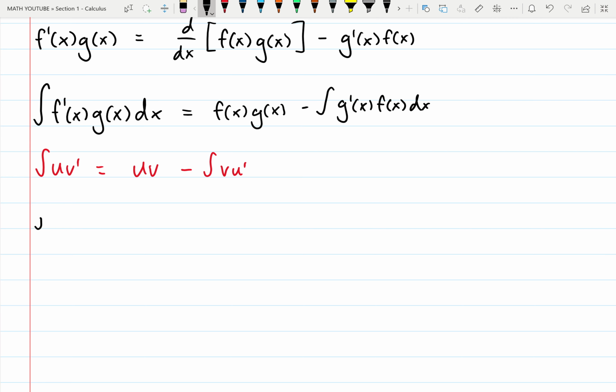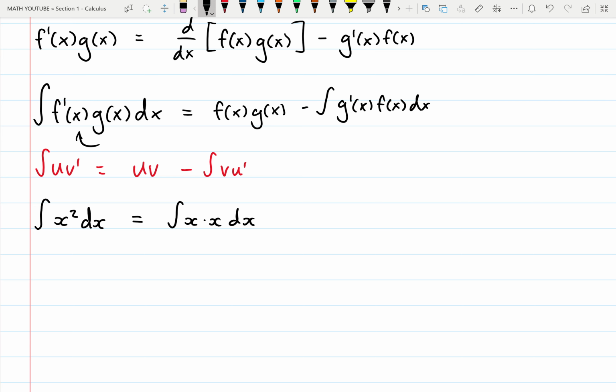So yes, let's use integration by parts to solve this. Now you could just use the power rule, but let's go ahead and not use the power rule. But in a way, we are going to use the power rule, and you'll see why. Well, let's write this as the integral of x dot x dx. So we have the form here, f prime of x multiplied by g of x.